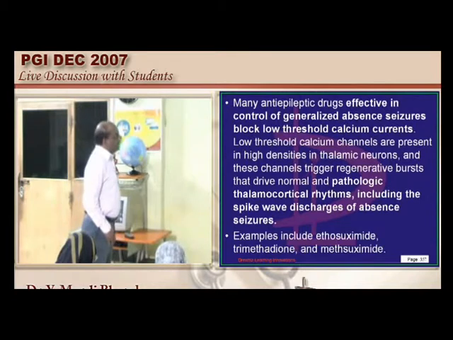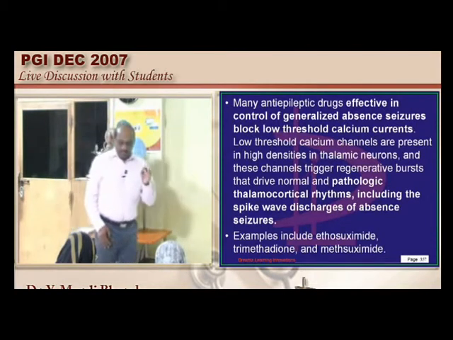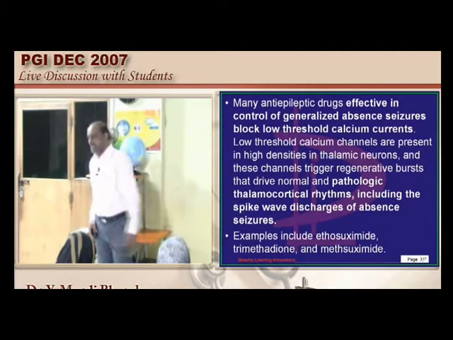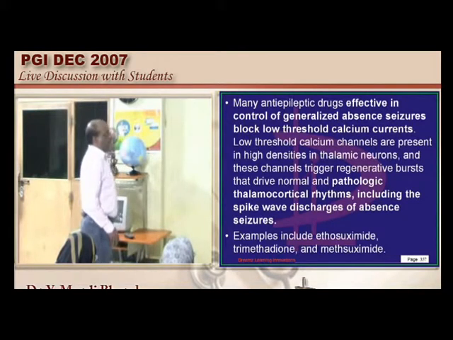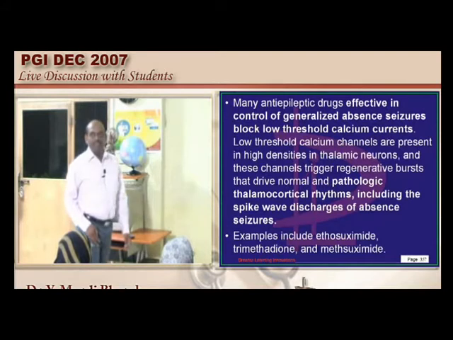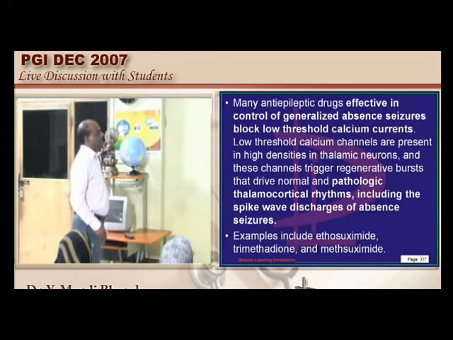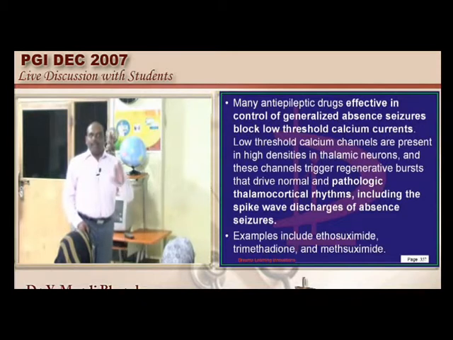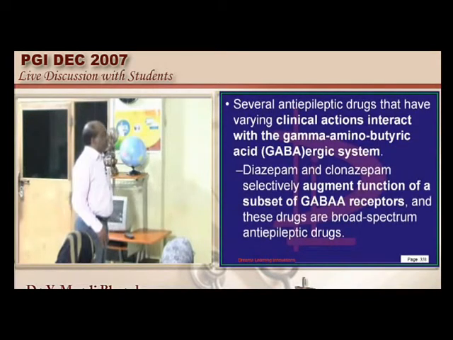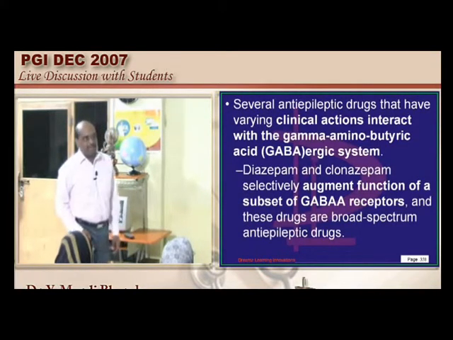Now many anti-epileptics which are especially useful for the absence seizures, what is the common property of them? They basically block the calcium currents. Which are those which show this kind of action? Ethosuximide, trimethadione and metsuximide; their underlying mechanism is that they are capable of causing the blockade of the calcium.